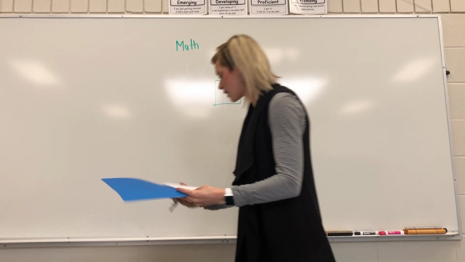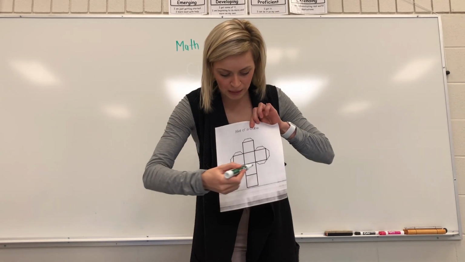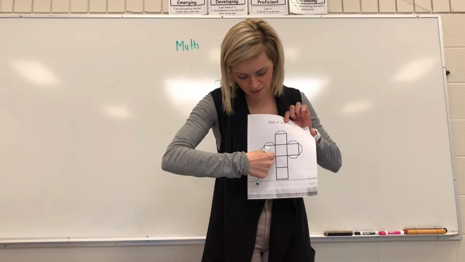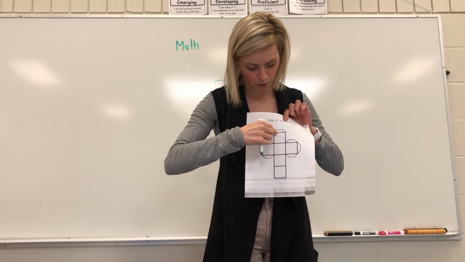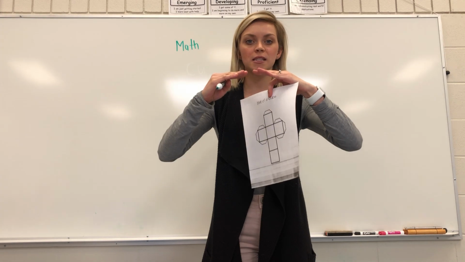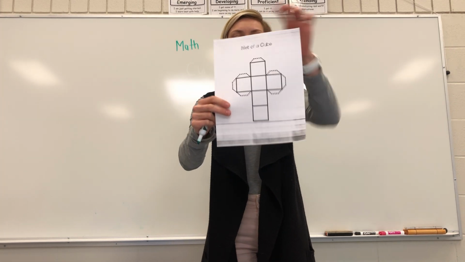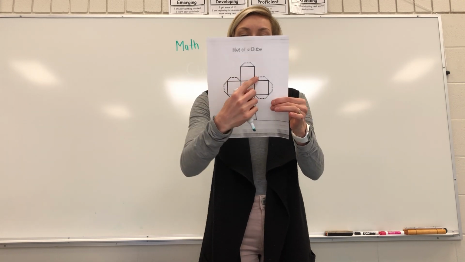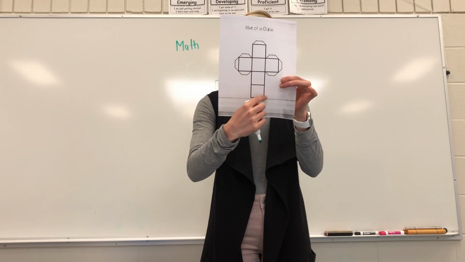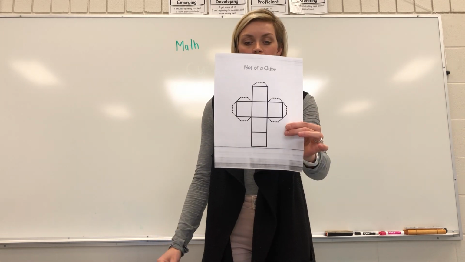Making sure that when you cut out your cube, you are following the black lines and then the dotted lines. Where there's dotted lines, those tabs are what we're going to glue so that it can stay together. If we cut them off, then you won't be able to glue your cube together. So you're just cutting around the outside of this entire shape, and then we'll be able to put it together.